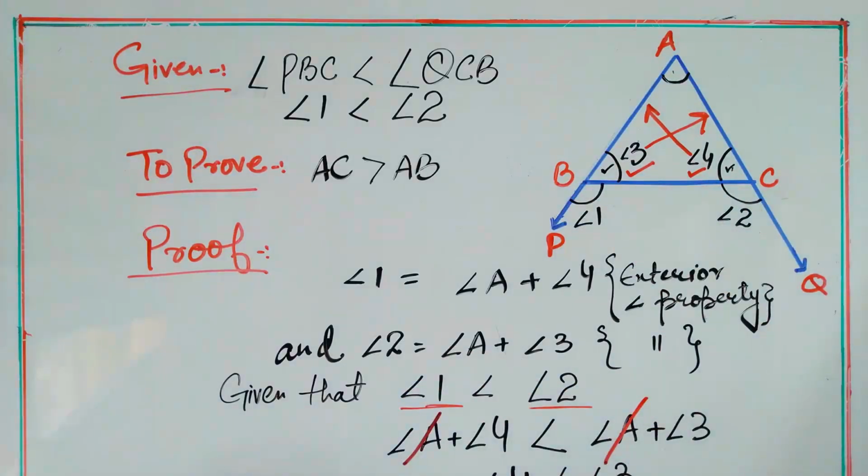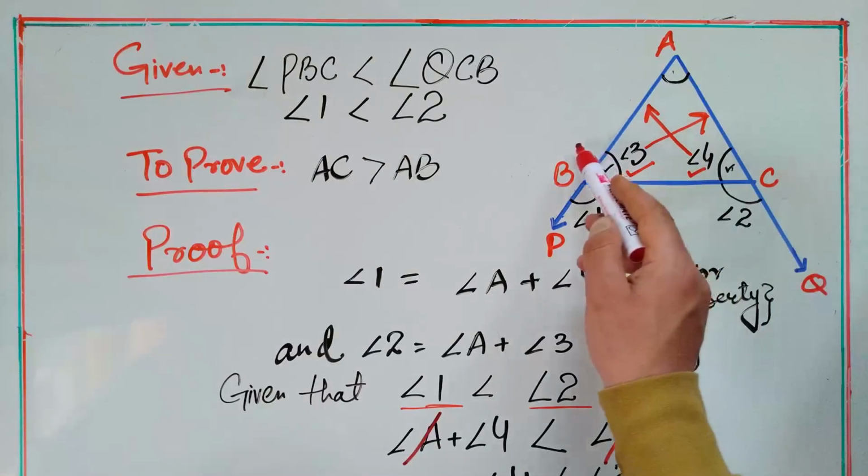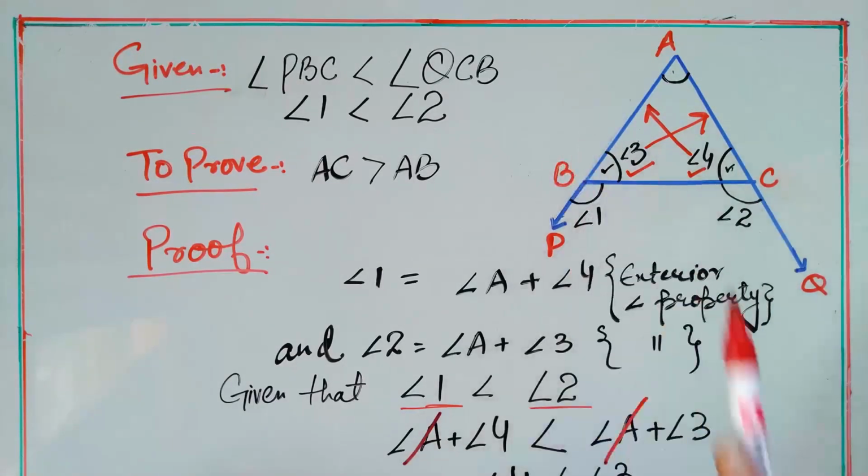So we can say from this result that if 4 is smaller than 3, or 3 is greater than 4, we can put the result as AC is greater than AB, and the justification will be: side opposite to larger angle is longer. So this result implies that AC is greater than AB.